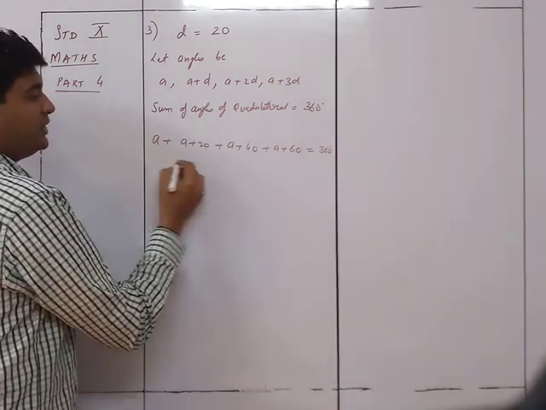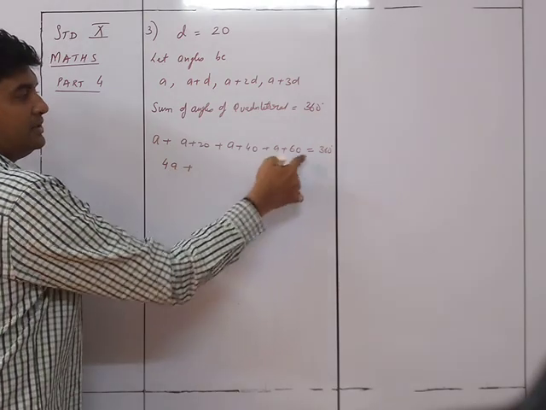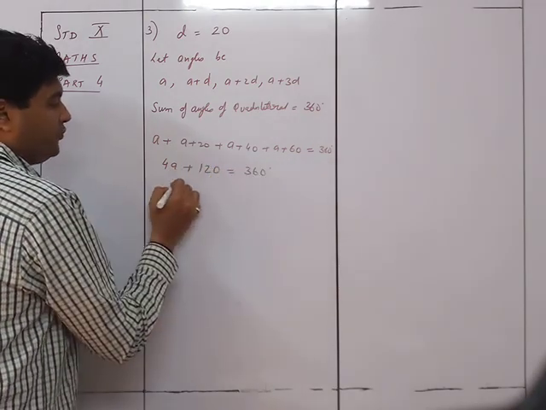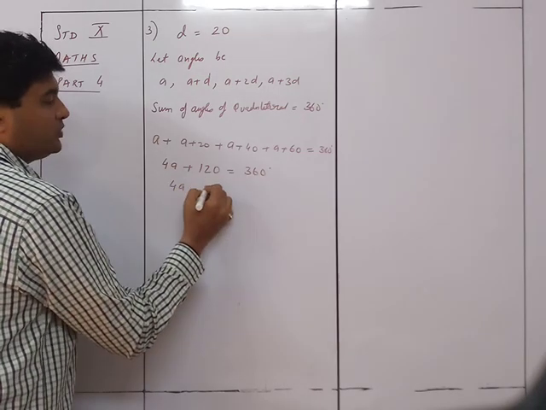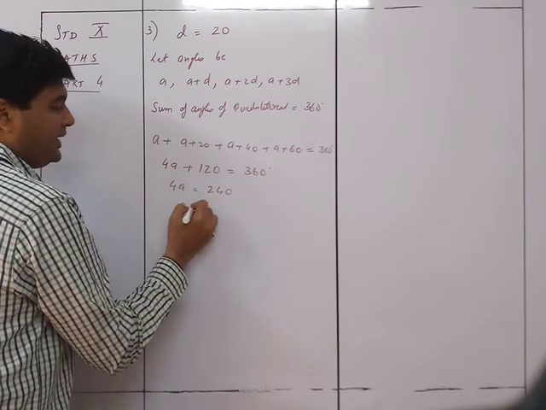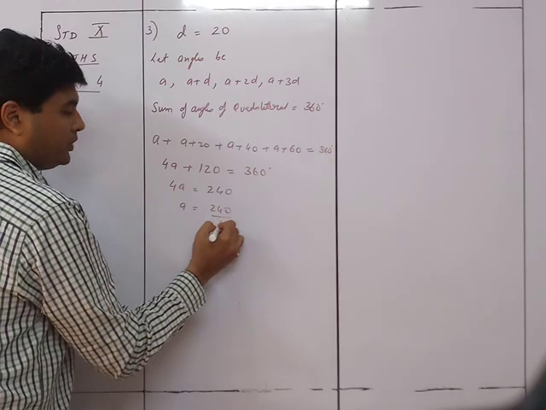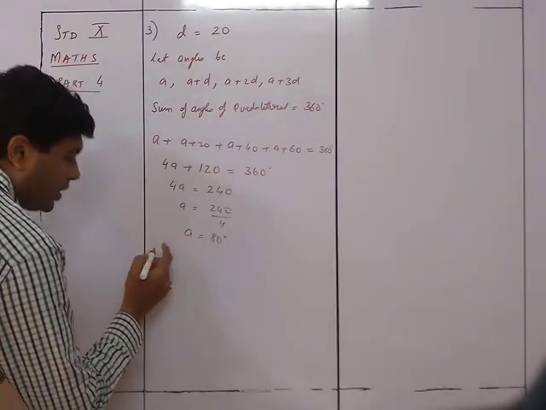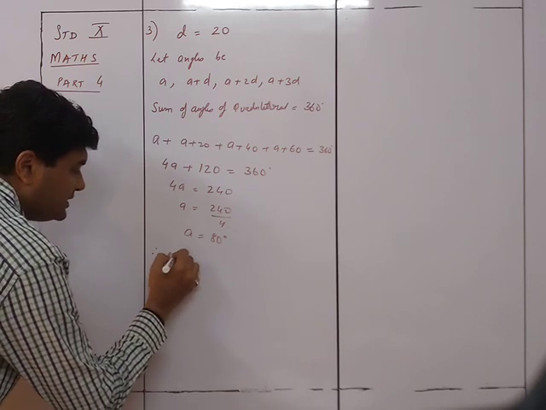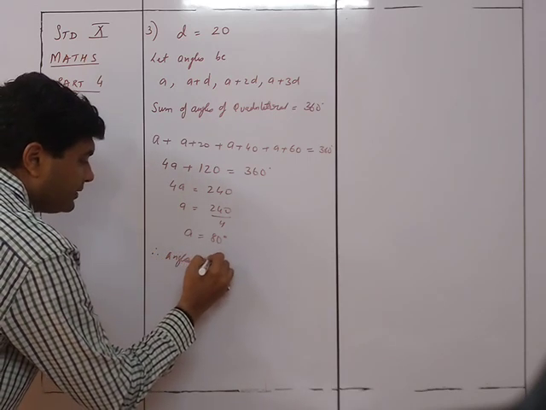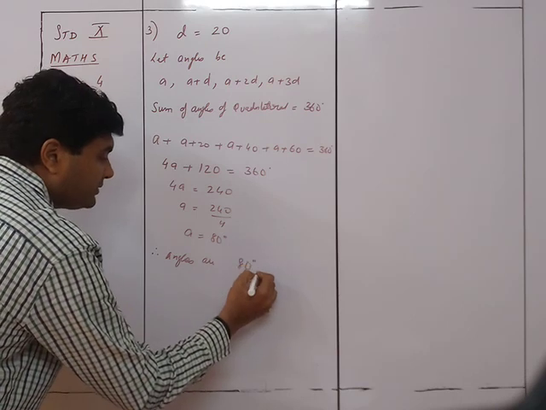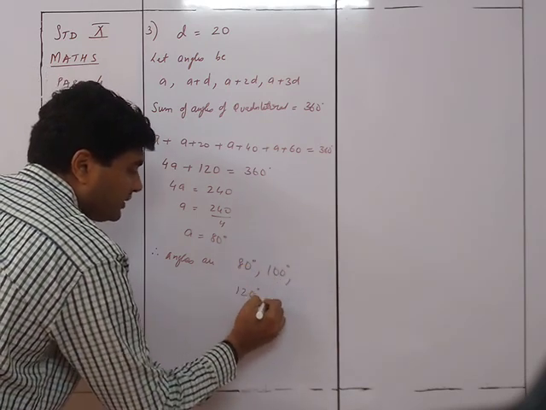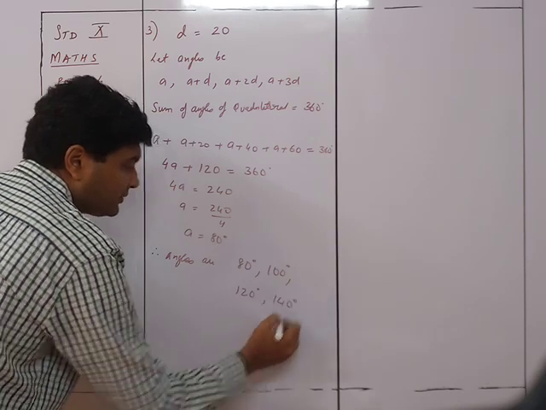So 4A plus 120 is equal to 360 degrees. So 4A is equal to 360 minus 120, so 240. So A is equal to 240 upon 4, so A is equal to 80 degrees. Accordingly, the angles are 80, 100, 120 and 140 degrees.